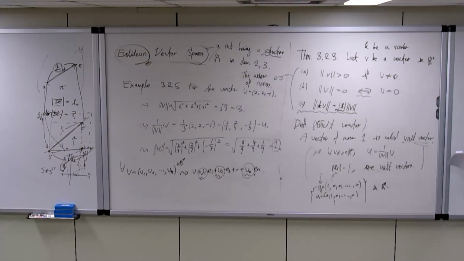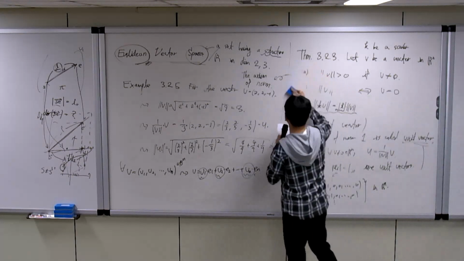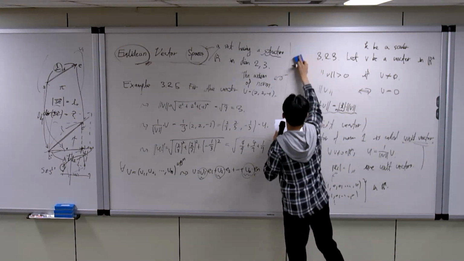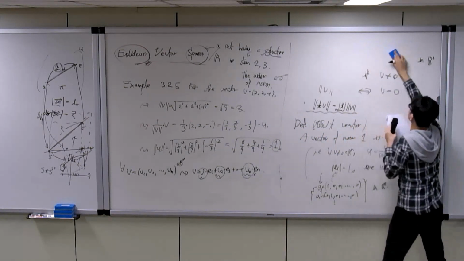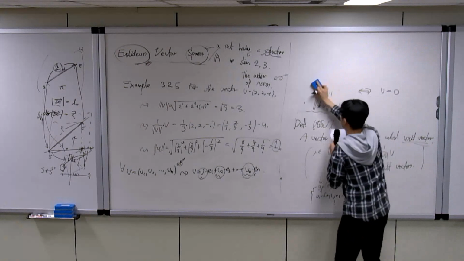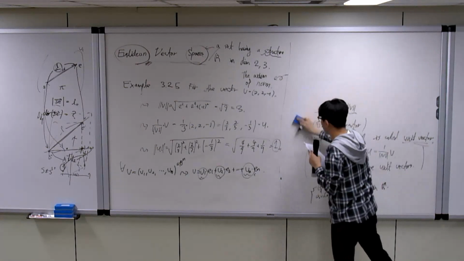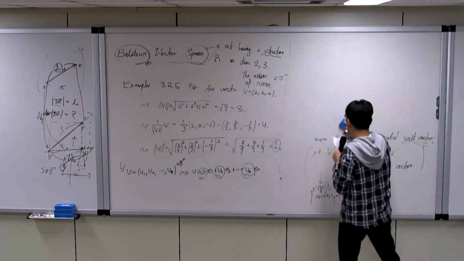And I explained the distance. When you ask the norm, what is the difference between norm and absolute value?